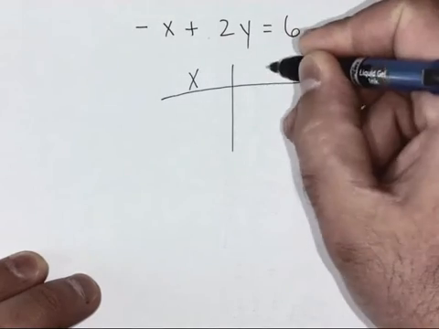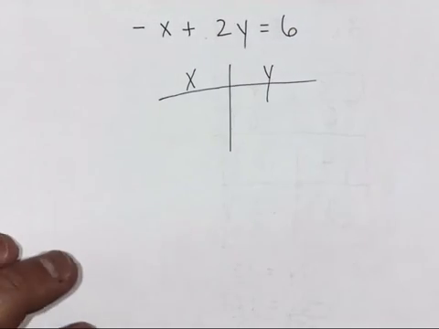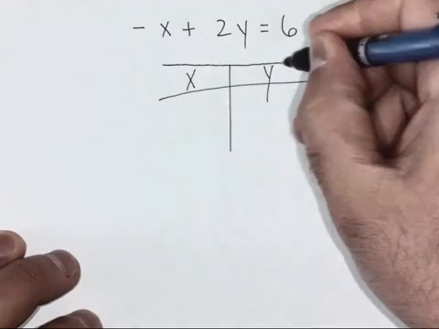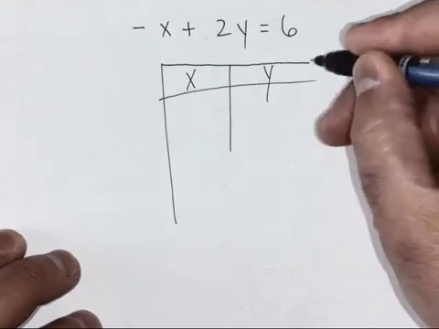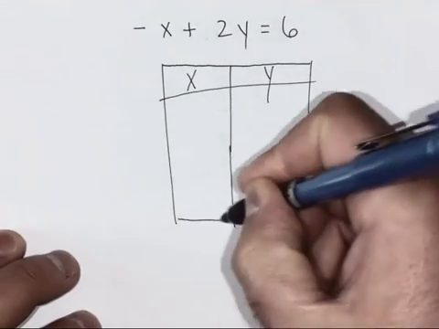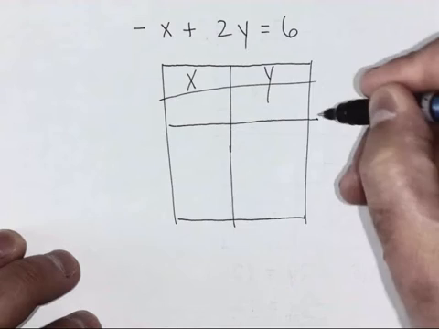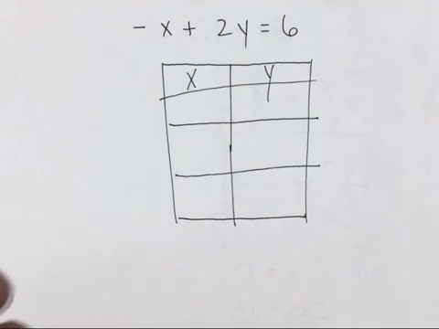So once again, we're going to start out here with a table of ordered pairs. Okay. And so let's take a look at our xy coordinate plane.